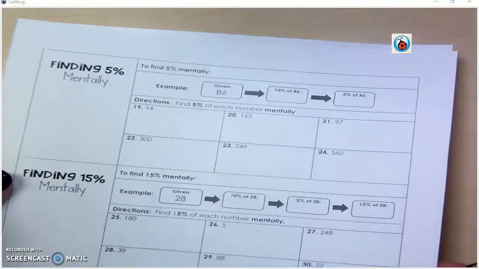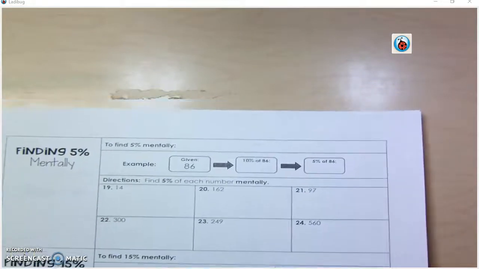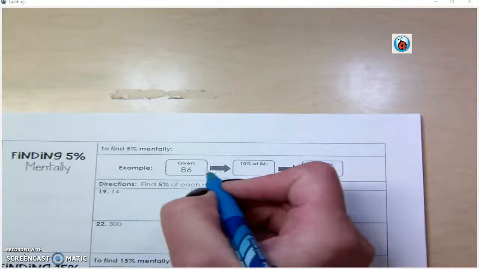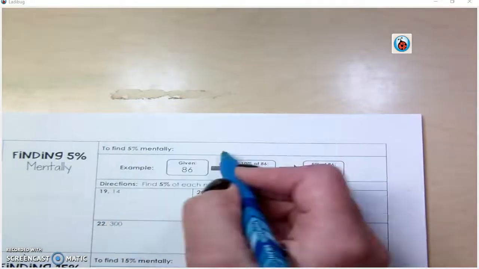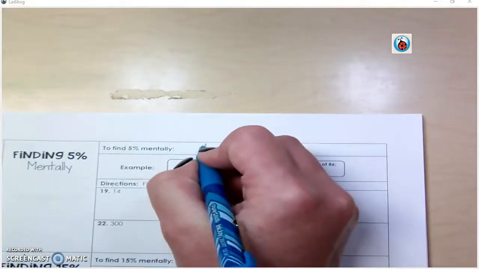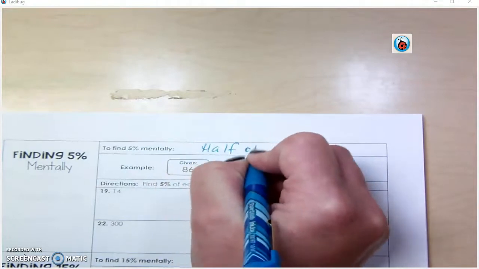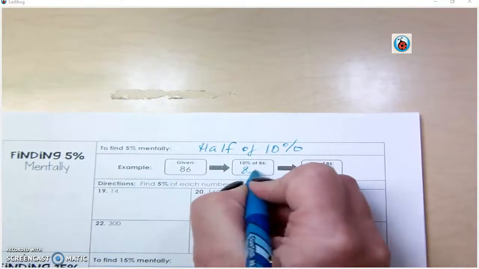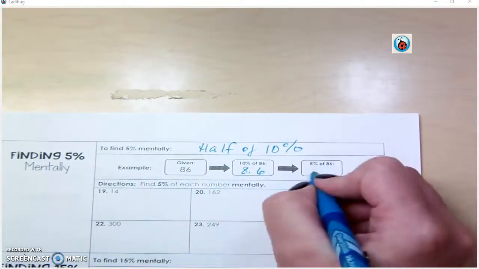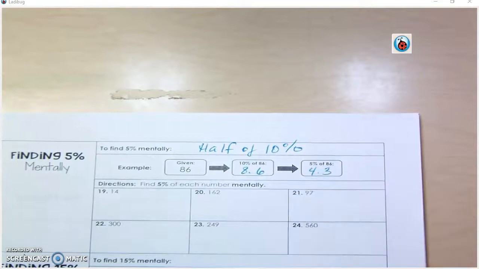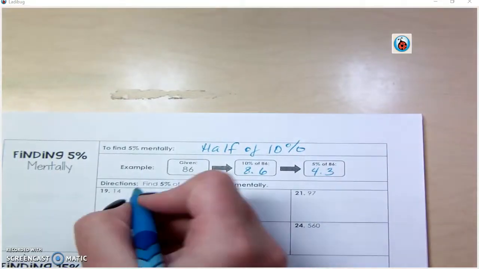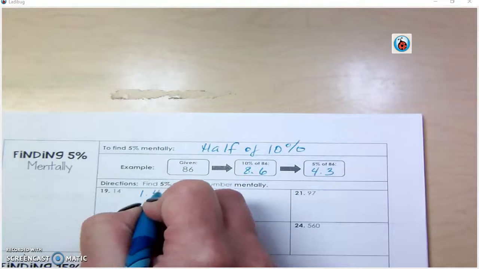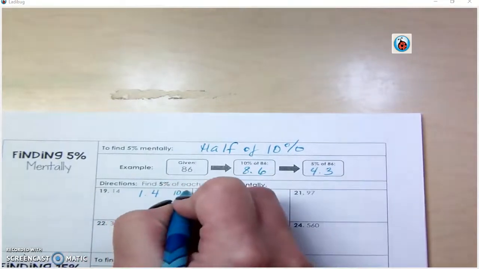All right, so from here, I am moving on to 5%, my apologies, 5%. So again, what we've been doing before is 5 is half of 10. So 86, 8 and 6/10, half of it is 4 and 3/10. 14, okay, so that's 10%.